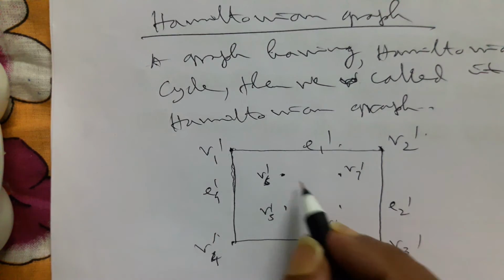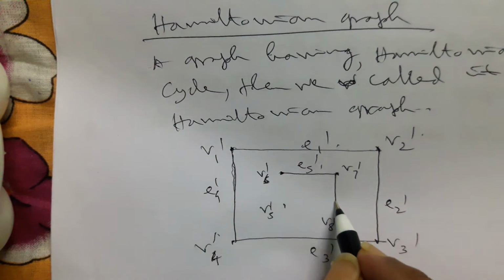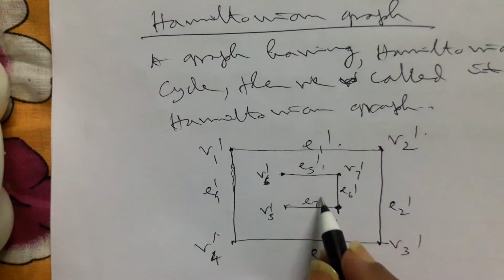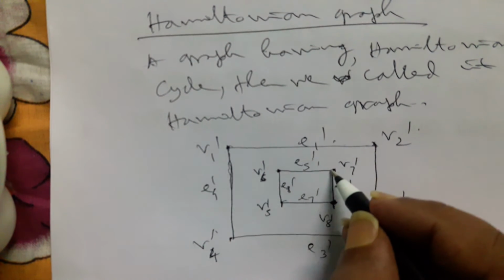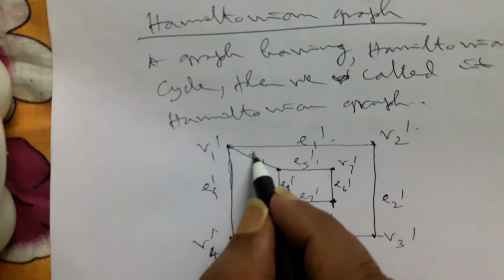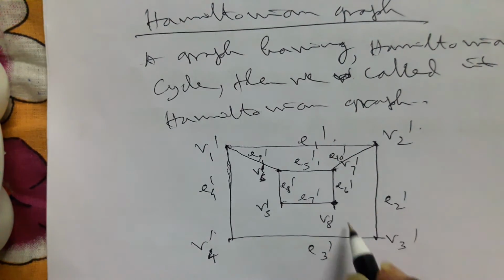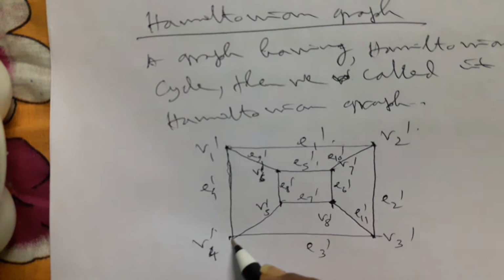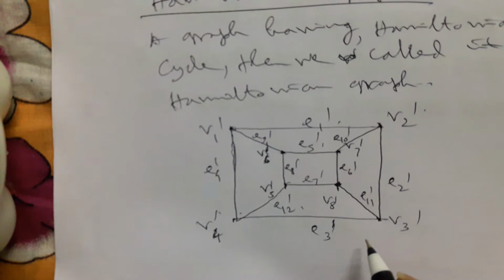E4 dash, then we consider E5 dash, here E6 dash, E7 dash and E8 dash. Here if we join, that is E9 dash. If we join this, that is E10 dash. Here if we join E11 dash, and here E12 dash. So in this way we get some pictorial representation.